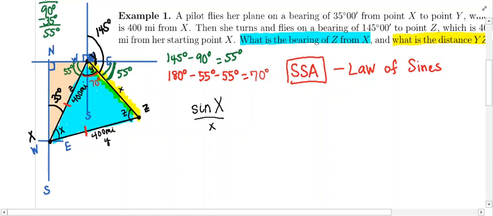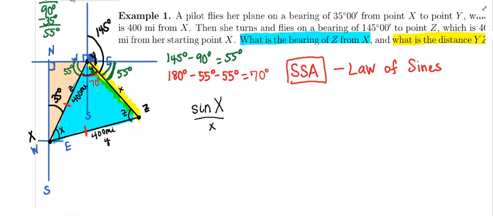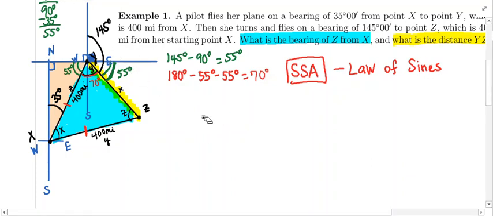We don't know angle X and we don't know the side X. So we need to use given information just to get us started.